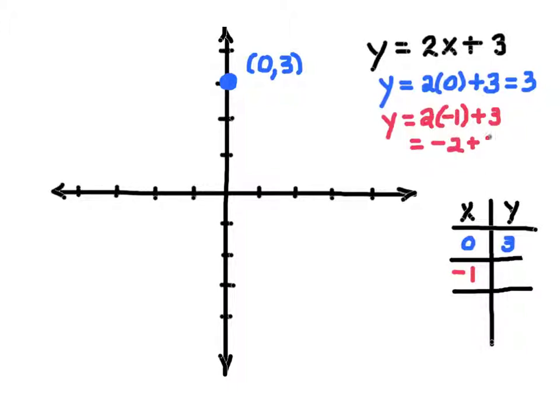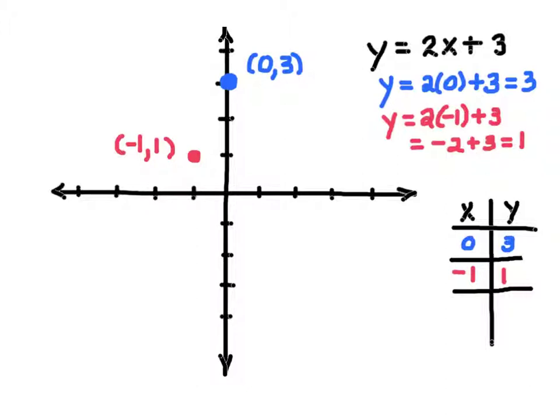And a negative 2 plus 3 is 1. So our next point is when x is negative 1, y is positive 1. So our point is right here. This is the point. X is negative 1, y is positive 1, negative 1, 1.